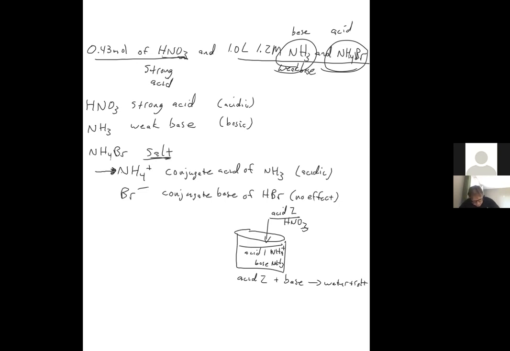So HNO3 will react with NH3. Okay. Why? Because this is an acid and this is a base. So we're just going to ignore NH4 plus Br minus for now. All we're doing is we're looking for what that acid that's being added is going to react with, and that will always be the base. An acid will always react with base. So treat this as a regular acid-base reaction. Donate the H plus, so you get NO3 minus, and you get NH4 plus. Okay.